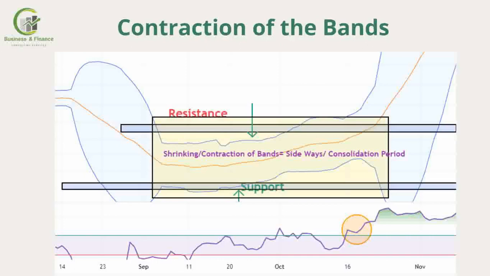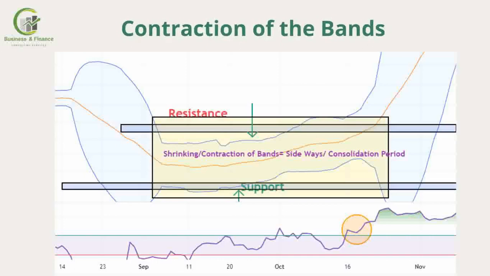So let's discuss the contraction of Bollinger Bands. In any market, there is a sideways or range-bound market, or a breakout or trending market. So we can identify this with the help of the Bollinger Bands.